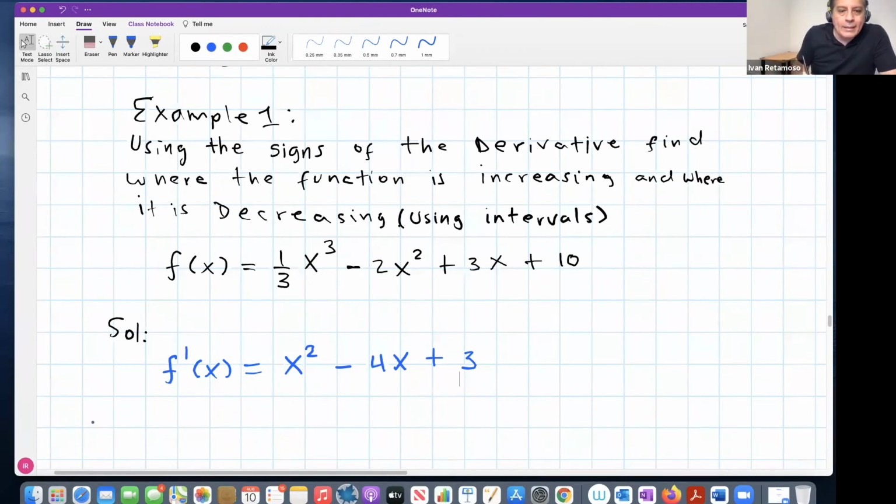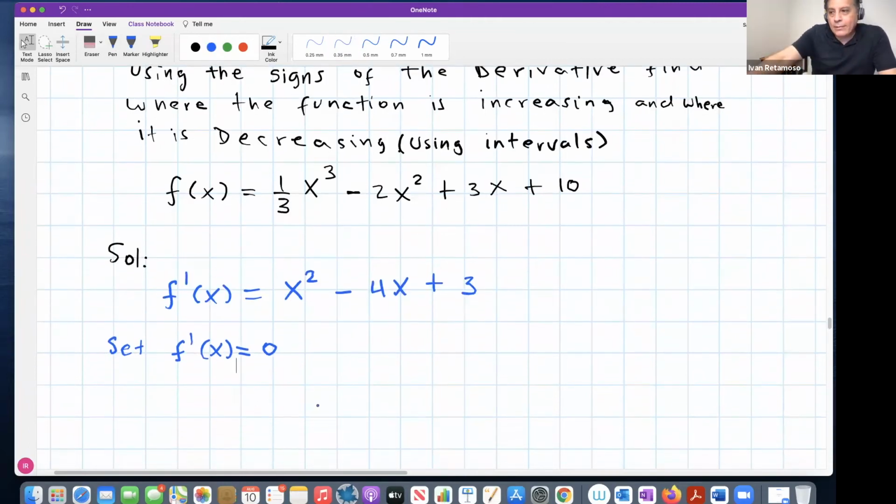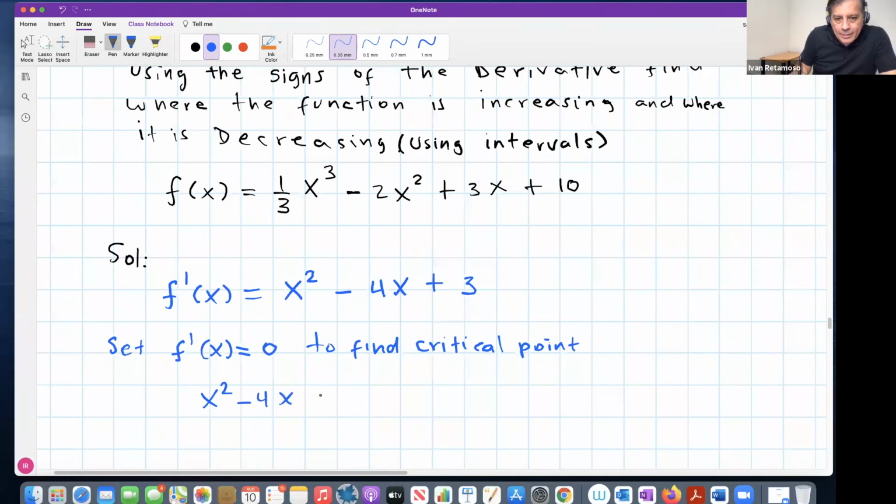Now we set our derivative equal to 0 and solve for x in order to find our critical values, right? Or critical points. So setting this derivative equal to 0, we get the following: x squared minus 4x plus 3 equals 0, right?